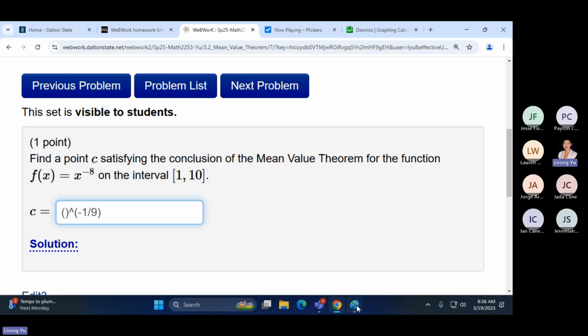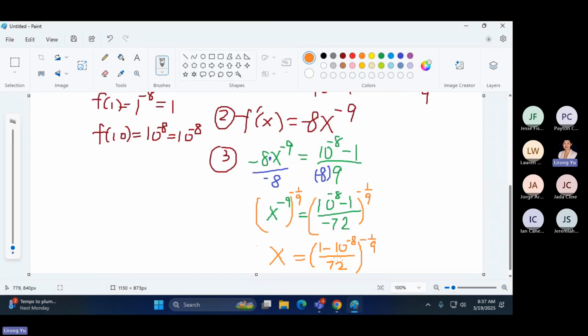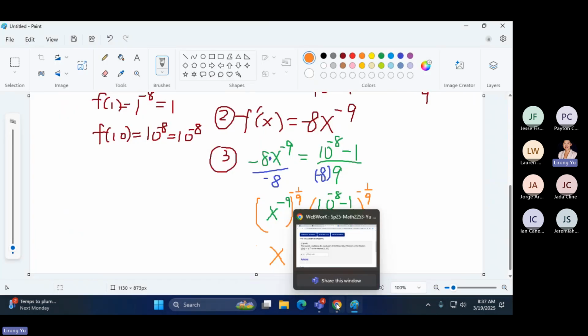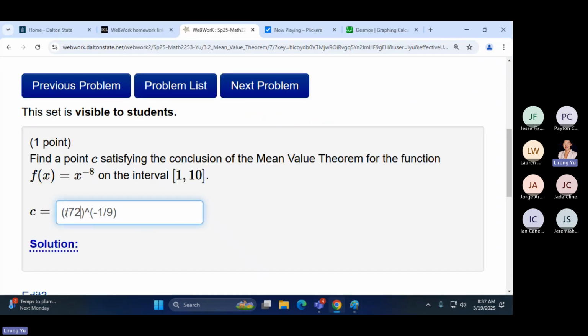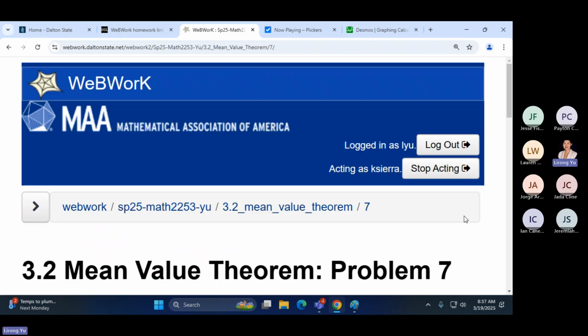Inside the parentheses is a division, and the denominator is 72. So we have divided by 72, and the numerator is 1 minus 10 to the negative 8. I'm trying to protect the order of operations since there's subtraction: 1 minus 10 to the power of negative 8, and that should have the calculation done properly.